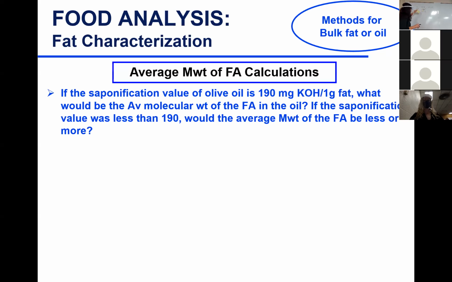So from this information, you can get the average molecular weight of triglycerides. Now, how do you get the average molecular weight of one fatty acid? You need to remember that triglycerides plus 3 molecules of water gives you glycerol plus 3 fatty acids.